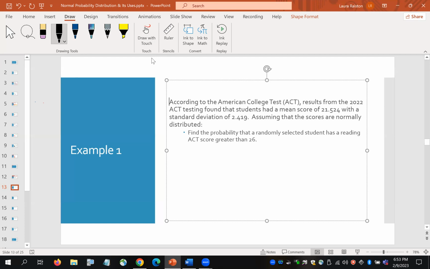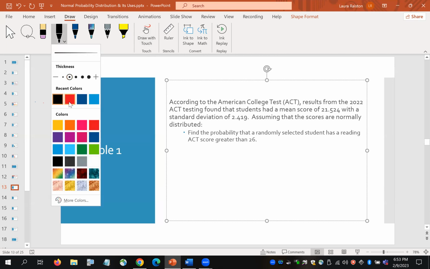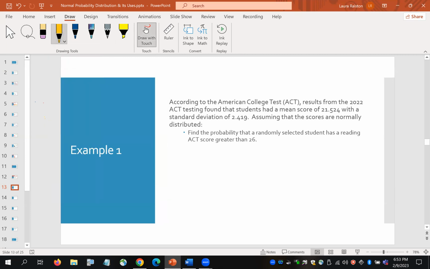Assuming that the scores are normally distributed, find the probability that a randomly selected student has a reading ACT score greater than 26. All right, let's look at this.